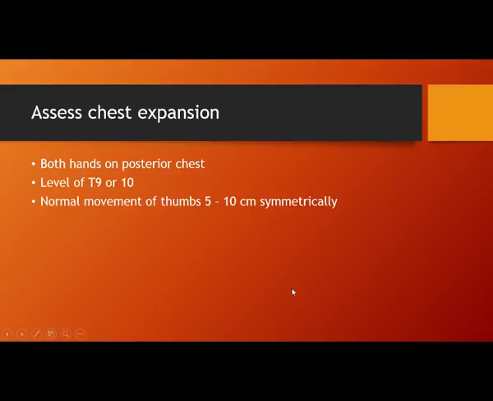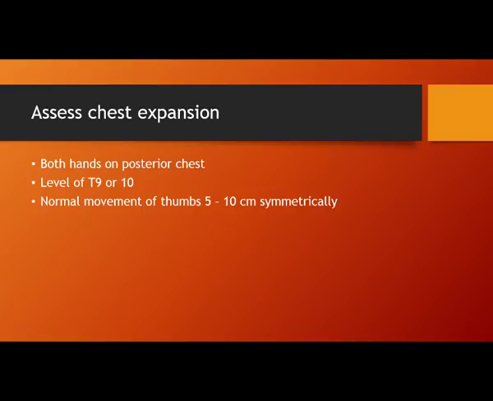Then we're going to assess chest expansion, and we do this in a couple of ways. We can have them stand, or if they're in the bed, you have them sit up and you get behind them. Put both of your hands on the posterior chest with the thumbs together at the level of T9 or T10.